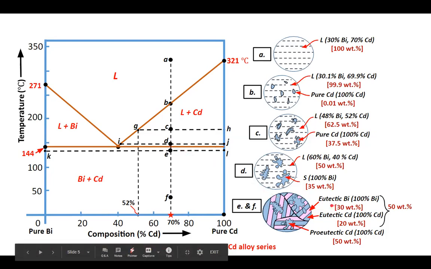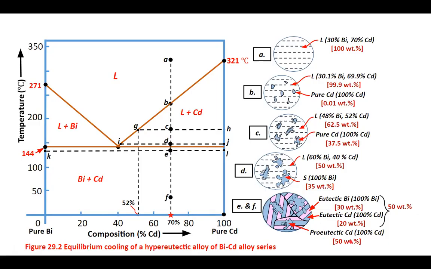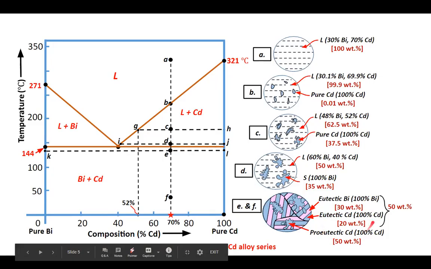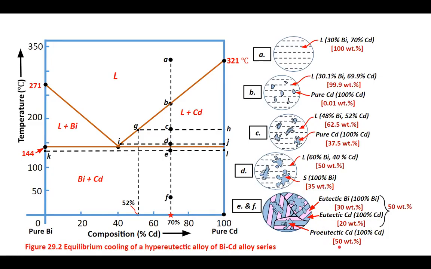So bismuth comes from only one source, and its total amount is 30 weight percent. On the contrary, if you see cadmium, this eutectic cadmium and this cadmium do not have even an iota of difference between them. Their chemical composition, physical state, crystal structure, lattice dimensions are the same. So both of these are the same. The only point of difference is the source from which they have come.